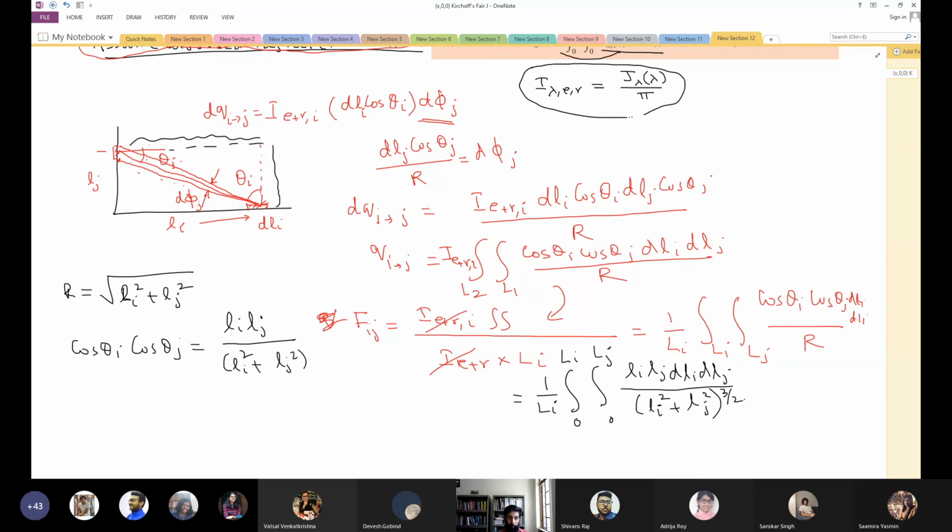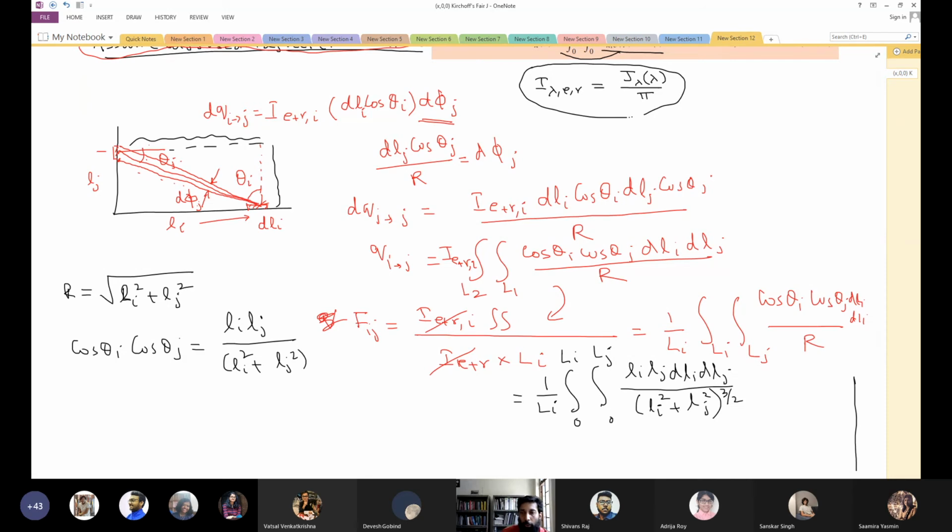So you can solve this one. This is easy, this is not difficult. So just take Li square, you can take it like this.